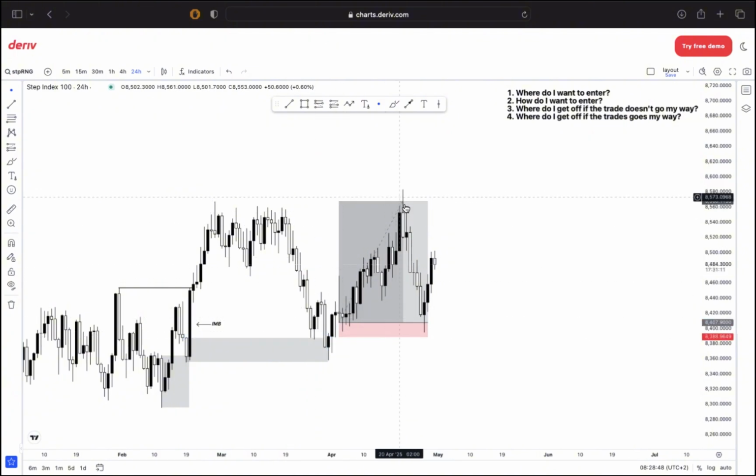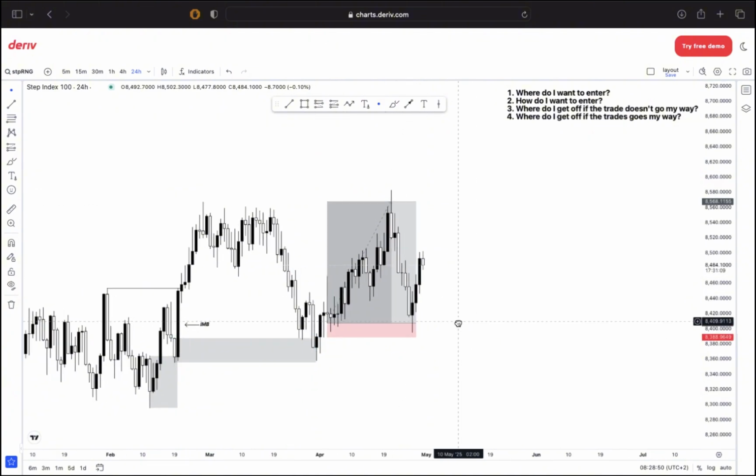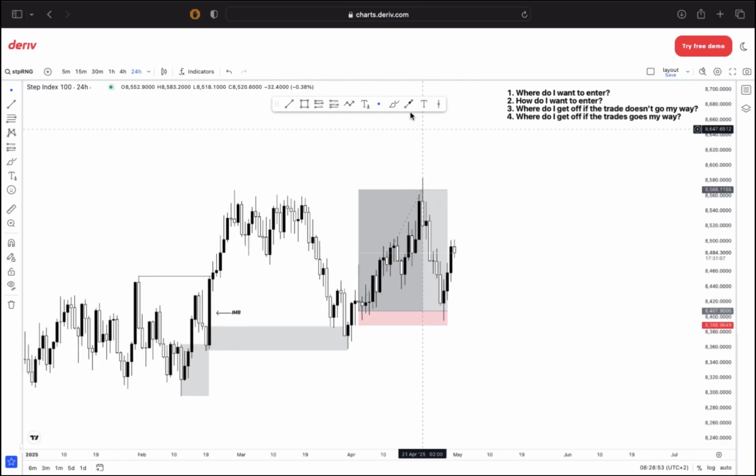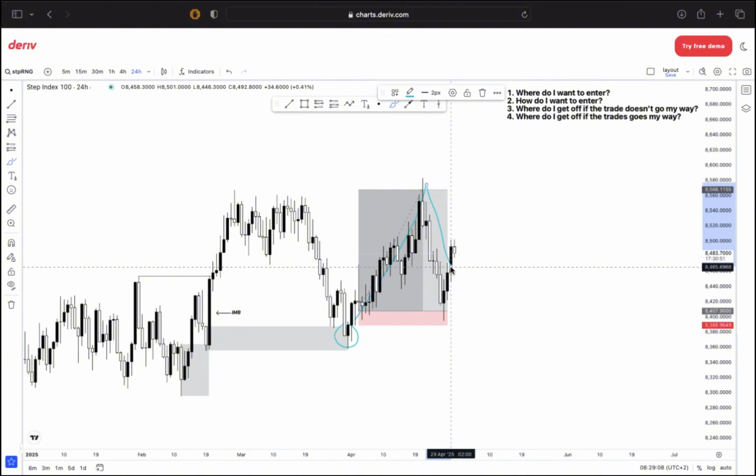The main reason why pullbacks are created by fear is simply because, just imagine, if you manage to execute a trade here on the daily time frame and you are in $700 worth of profit, whenever this pullback occurs, you're going to get this fear: what if I end up losing this trade while I was in like $700 worth of profit?